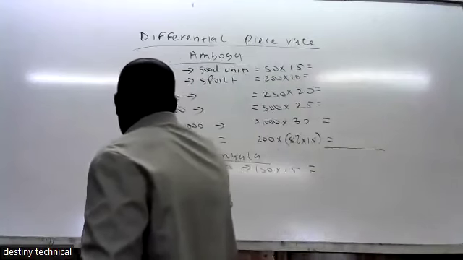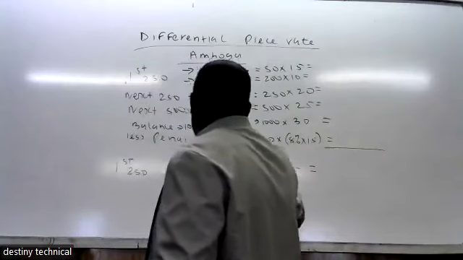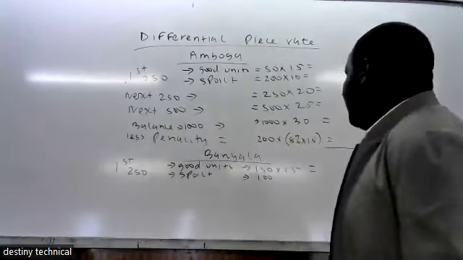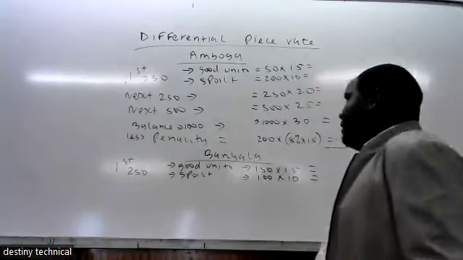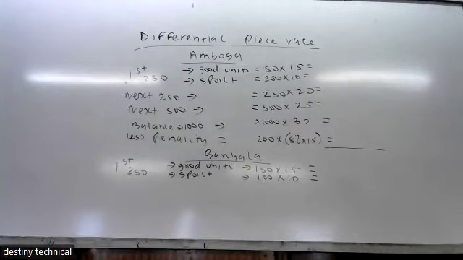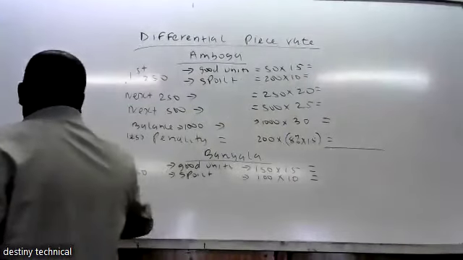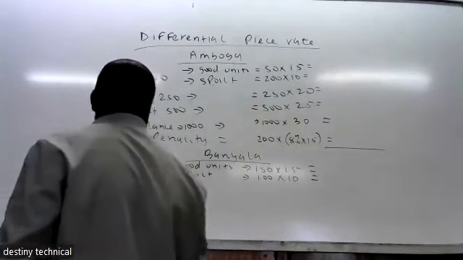Then spoiled. The spoiled will now be 100. The spoiled is 100. So this one they are paid at 10. So that's now in the first 250. Then the next 250.